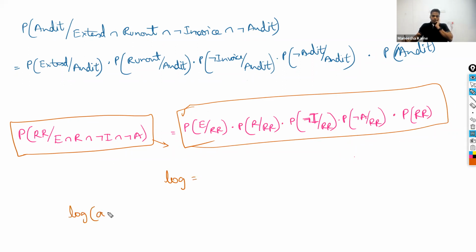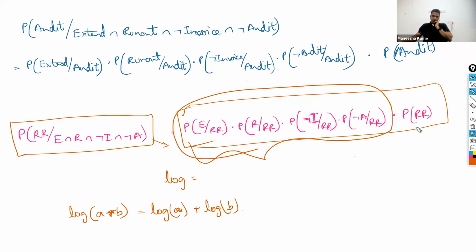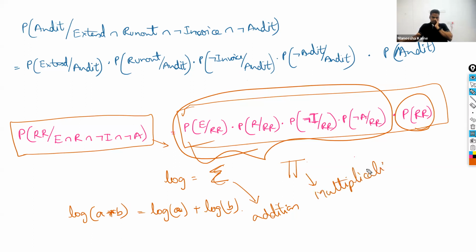Log of A into B is equal to log of A plus log of B. So it will be log of all these things plus log of this. But here what is happening? It's all multiplication. It's not addition, right? If it is addition, I would have given the summation symbol. But this is all multiplication, so I'll give you this symbol. This is what symbol? Addition. But within this, we have multiplication, so you give multiplication notation.